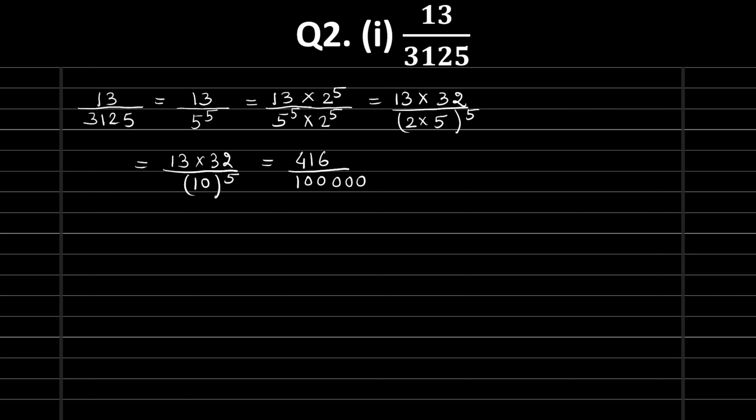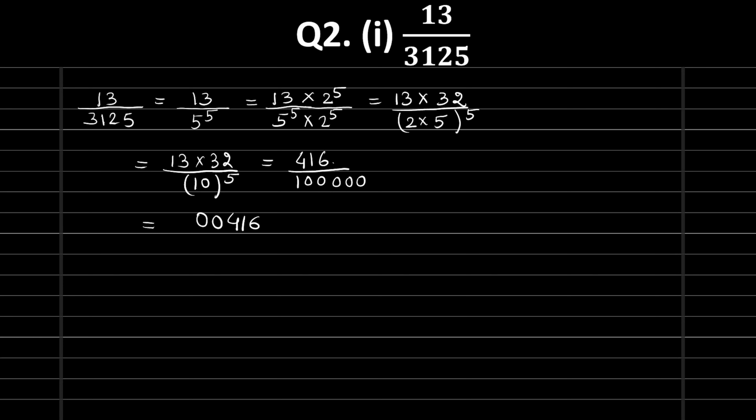Now it is very simple for us to find out the decimal expansion. So what we need to do over here, since we have 5 zeros in the denominator, we will be shifting the decimal point towards the left-hand side 5 times, right? So therefore we will get 416.00000.